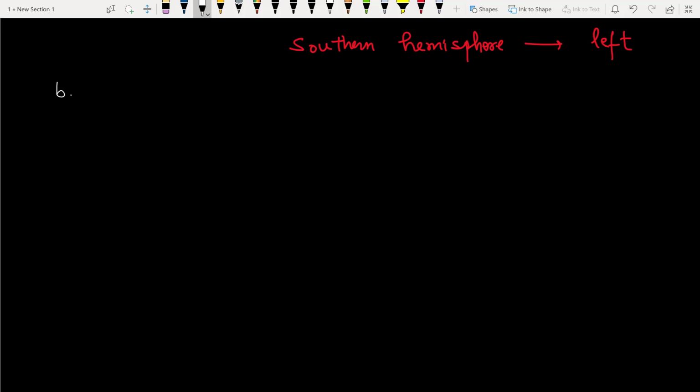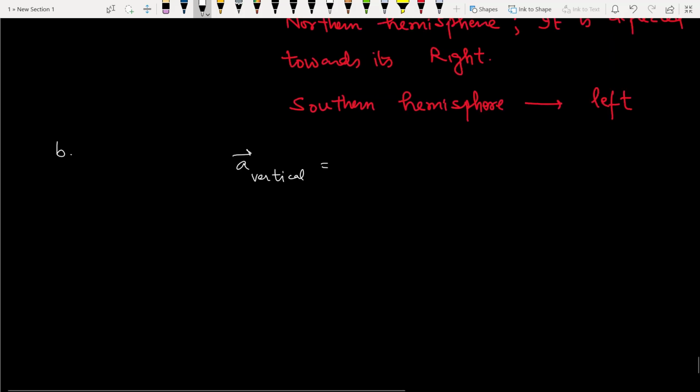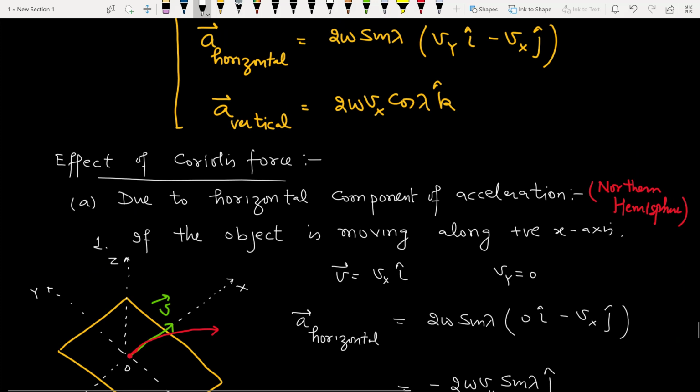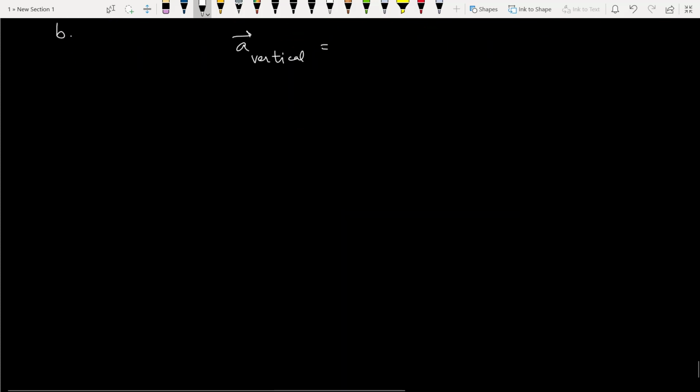Now the second component is the vertical component. The second component of acceleration is the vertical component, 2 omega Vx cos lambda k cap.